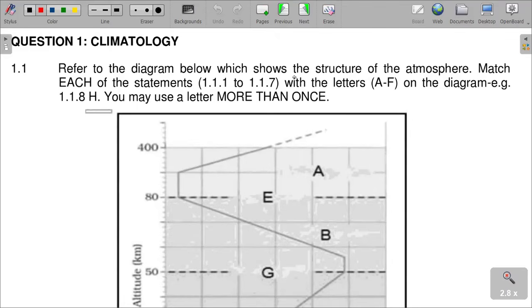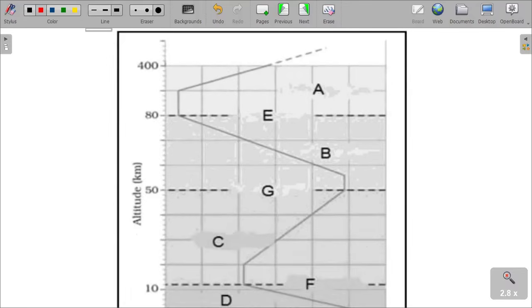So we have the diagram here, which we are going to use to answer on the structure of the atmosphere. Match each of the statements with the letters A to F on the diagram, for example 1.8 H as an example given there. You may use a letter more than once where it is possible.